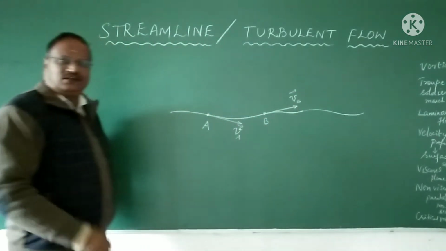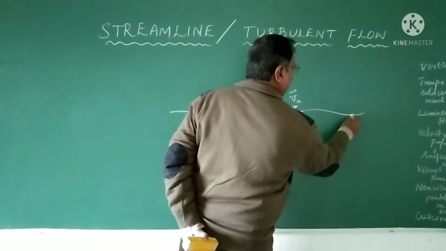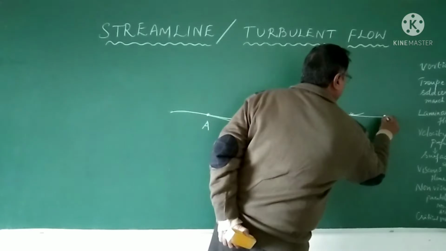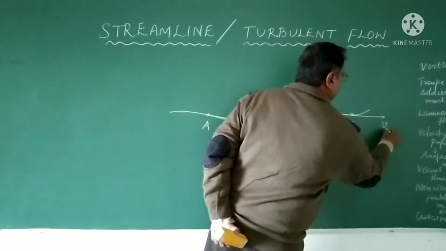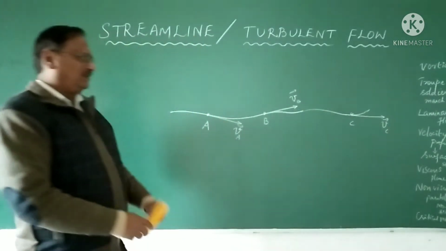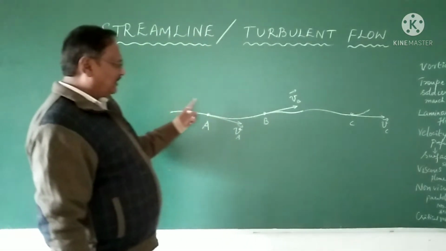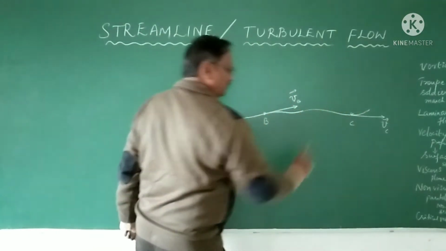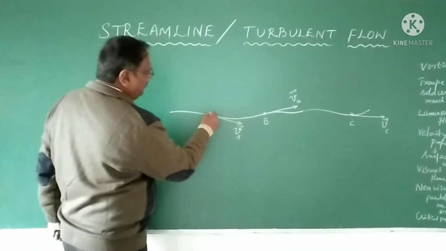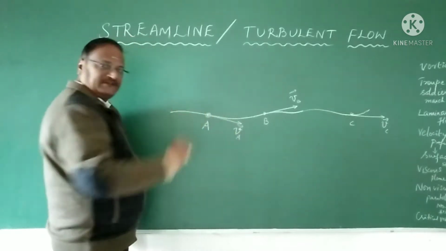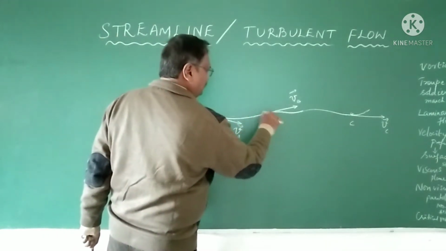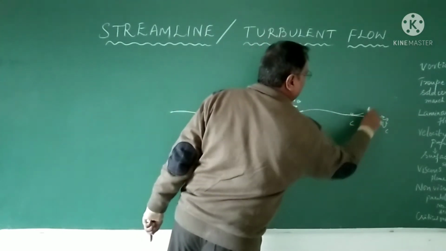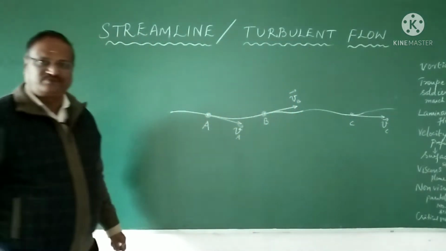Now let us say another point here, call it C. At this point again let us draw a tangent, and the velocity at this point is VC.